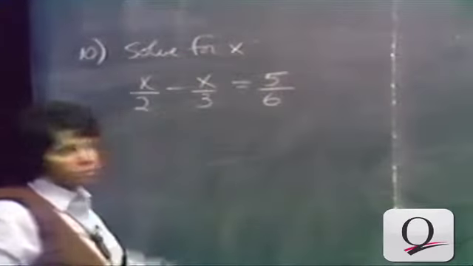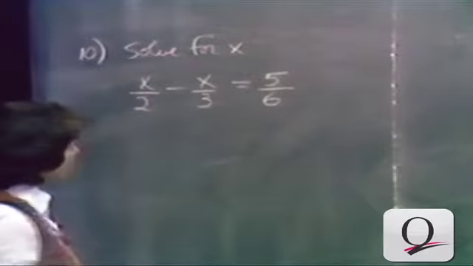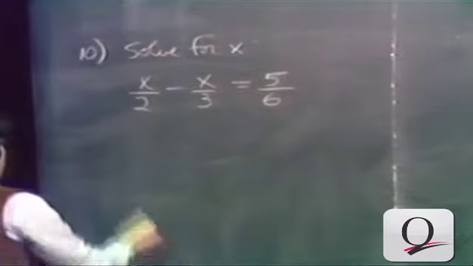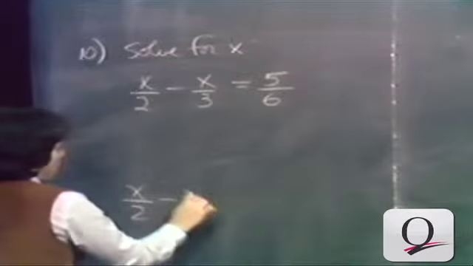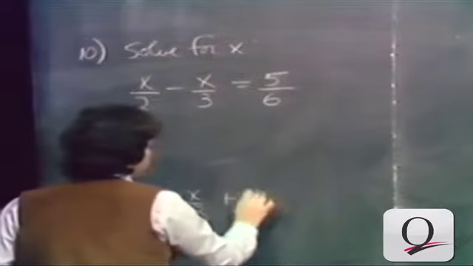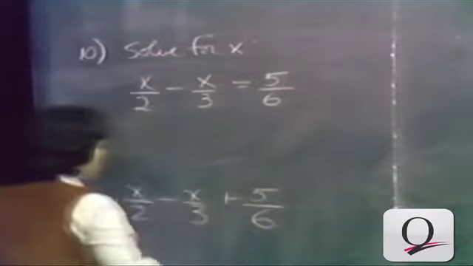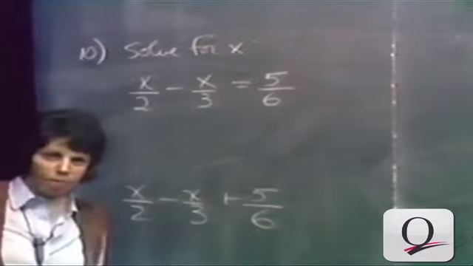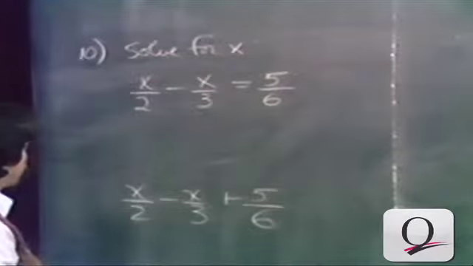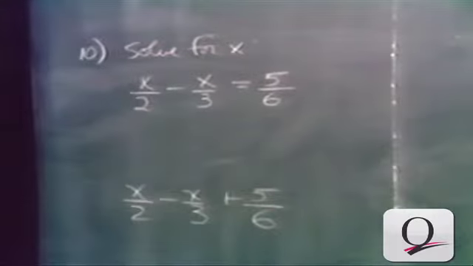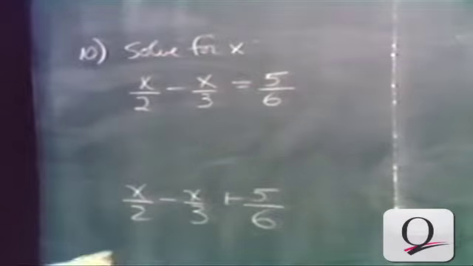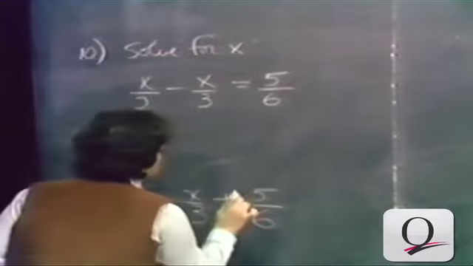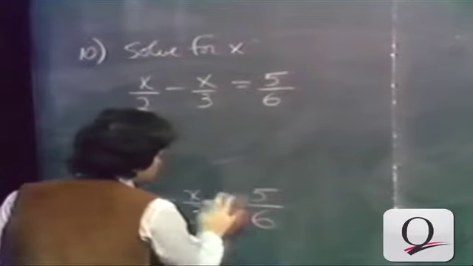there's a difference between this problem and what we've been doing earlier. We have been adding fractions, something like x over 2 minus x over 3 plus 5 over 6. Here we would combine, if we wanted to add these fractions, over the lowest common denominator, which is 6.